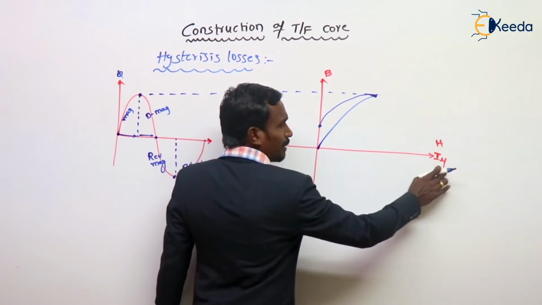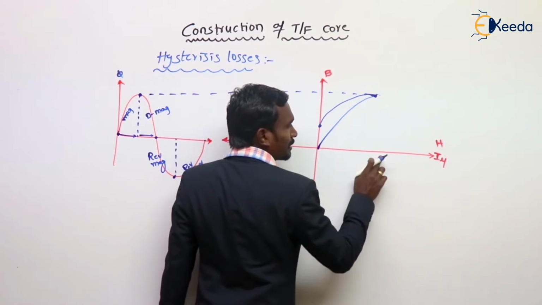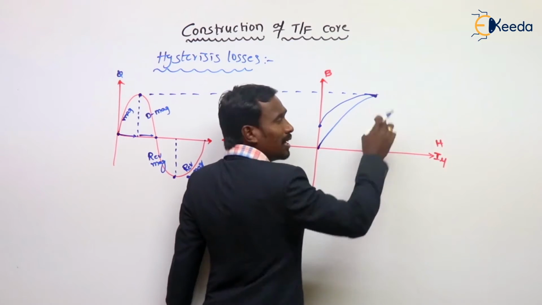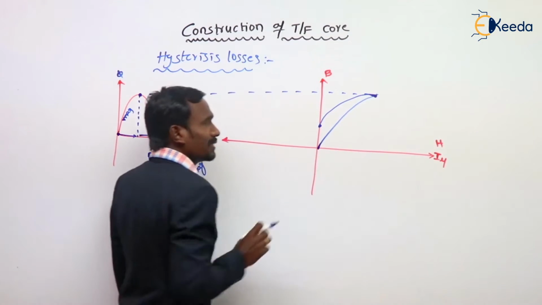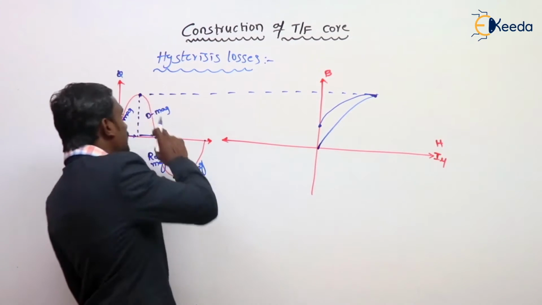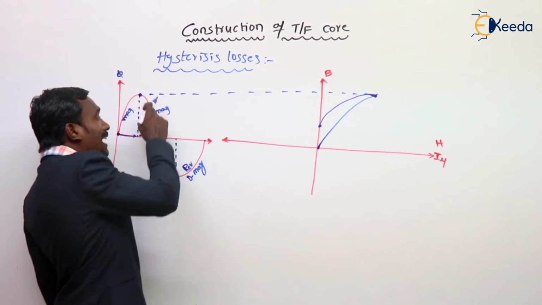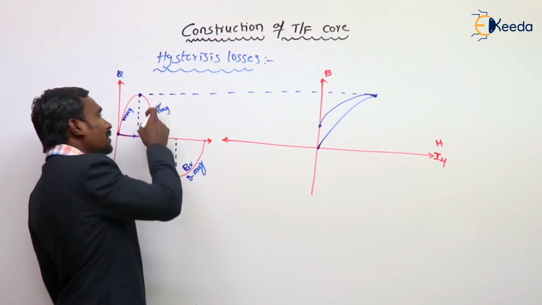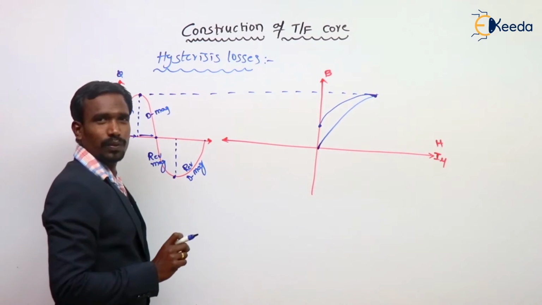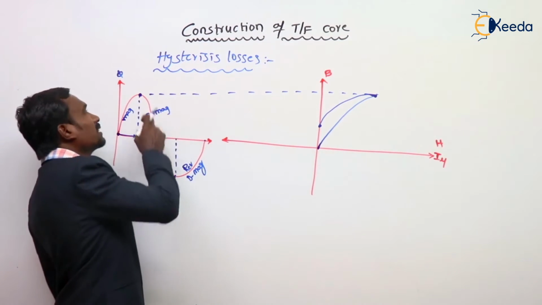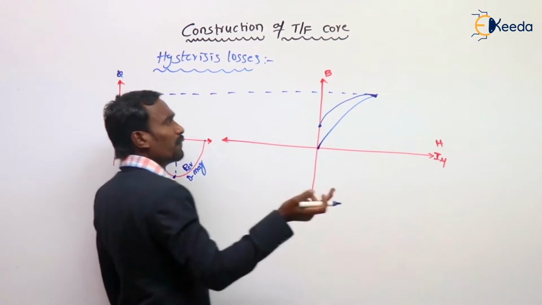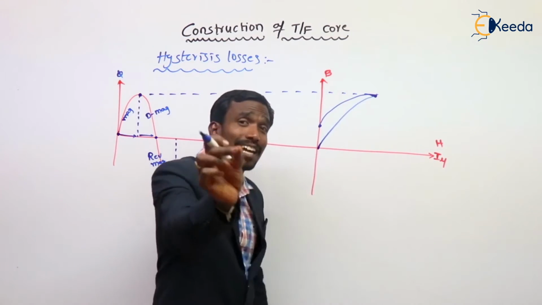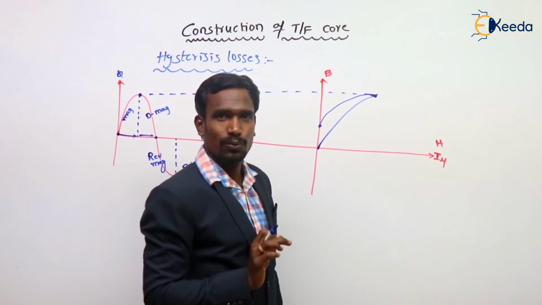Demagnetization is nothing but the magnetizing current increasing up to some level, then decreasing to 0. The current, not voltage. When the magnetizing current is 0, the flux is also 0. If the flux is 0, the flux density should be 0.